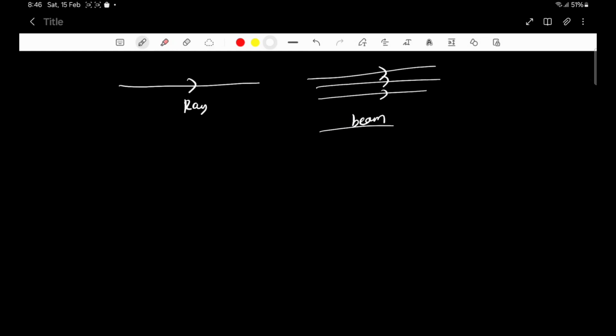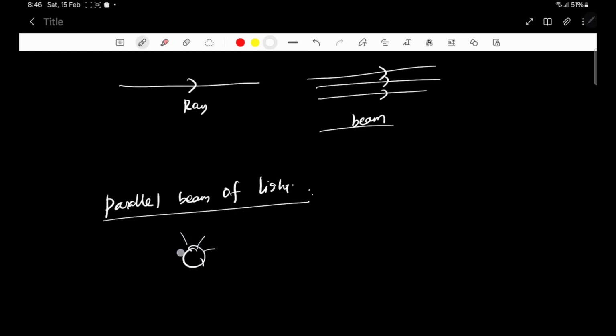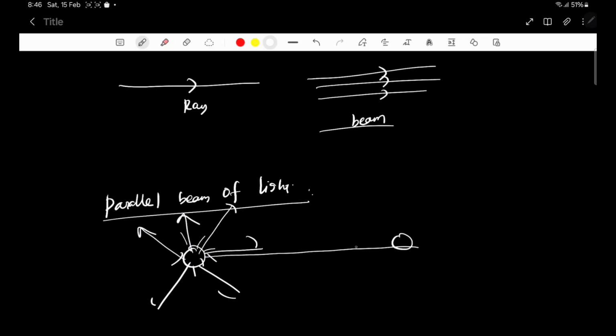These beams of light can be classified into three types. The first is called the parallel beam of light. For example, consider this is the sun and this is the earth. The distance between the sun and the earth is enormous. From the surface of the sun, the light rays are diverging, but if you look closely at the light rays intercepted by the earth's surface, they are nearly parallel.